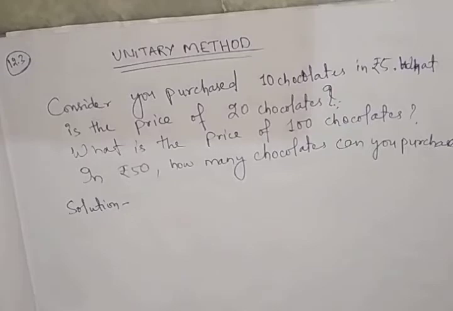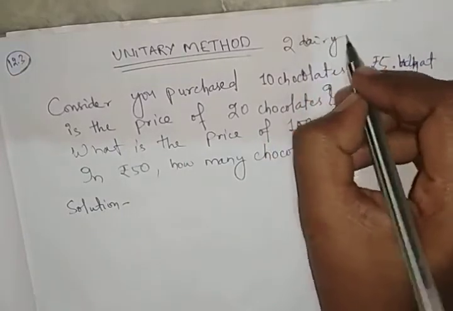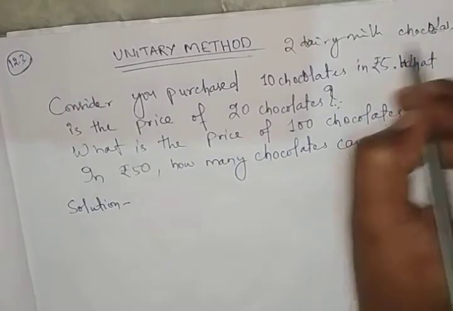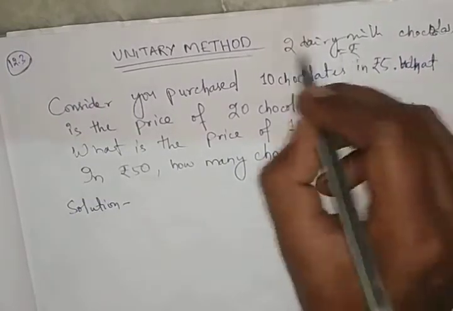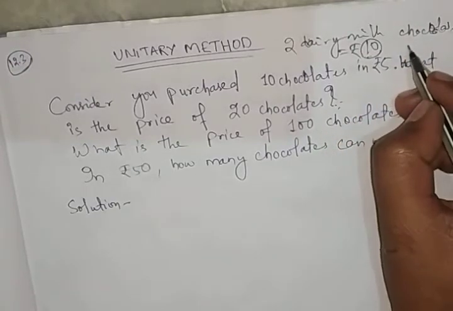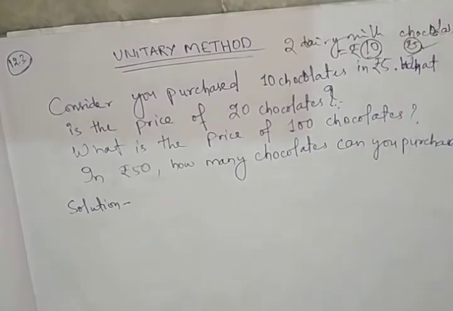If you are getting 2 Dairy Milk chocolates for 10 rupees, then the cost of 2 Dairy Milk chocolates is 10 rupees, which means each chocolate is 5 rupees.